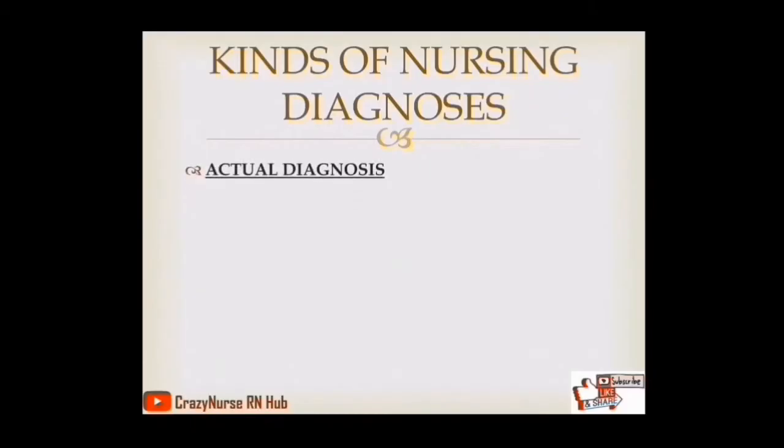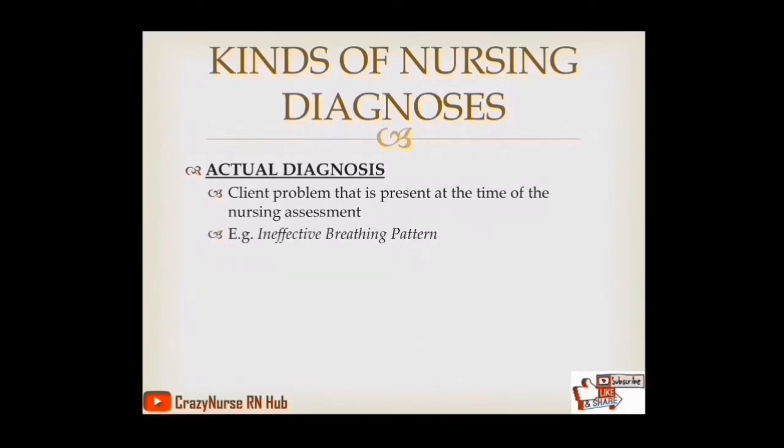An actual diagnosis is a client problem that is present at the time of the nursing assessment. Examples are ineffective breathing pattern and anxiety. An actual nursing diagnosis is based on the presence of associated signs and symptoms.